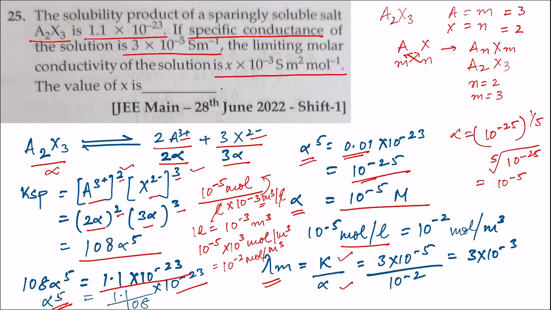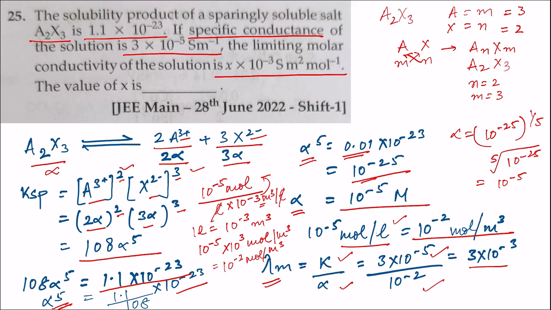So here 10 to the power minus 5 mole per liter is equal to 10 to the power minus 2 mole per meter cube. Molar conductivity is equal to specific conductance divided by the value of alpha. So 3 into 10 to the power minus 5 divided by 10 to the power minus 2 is equal to 3 into 10 to the power minus 3 per ohm meter square per mole.